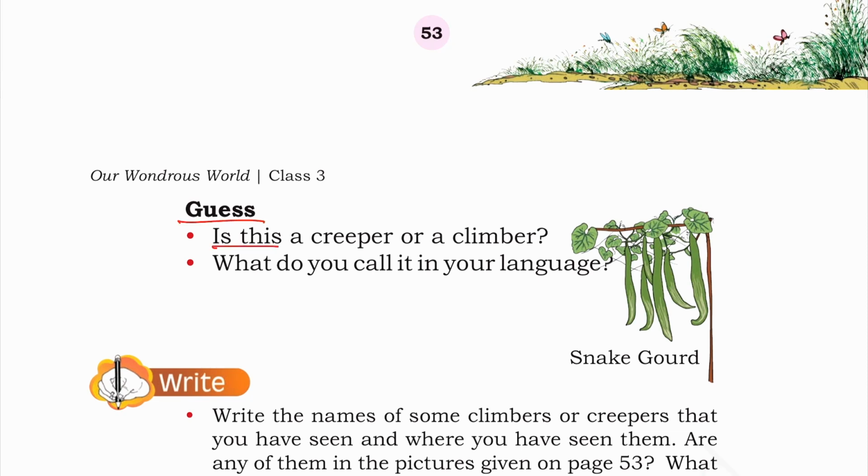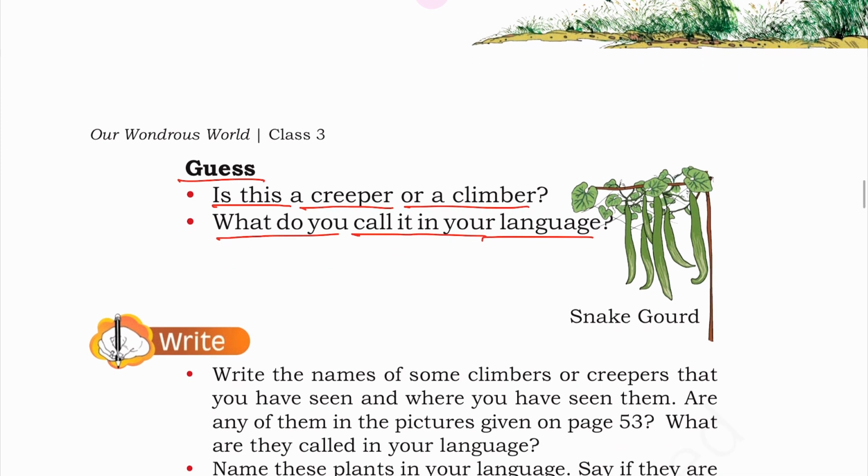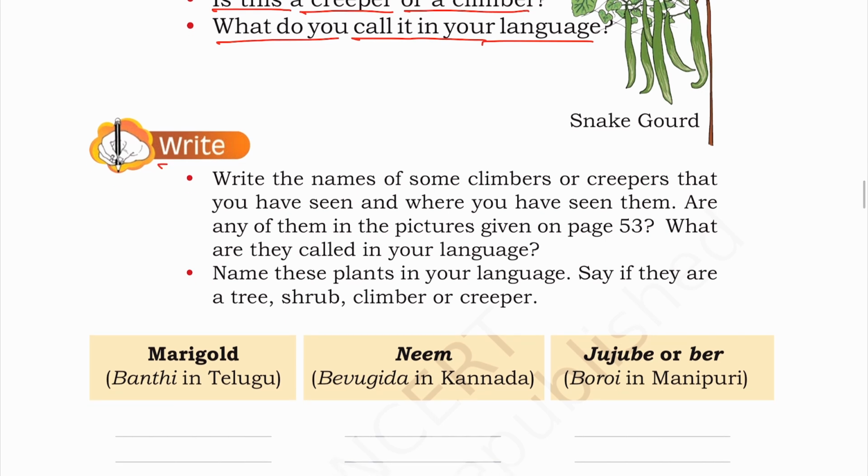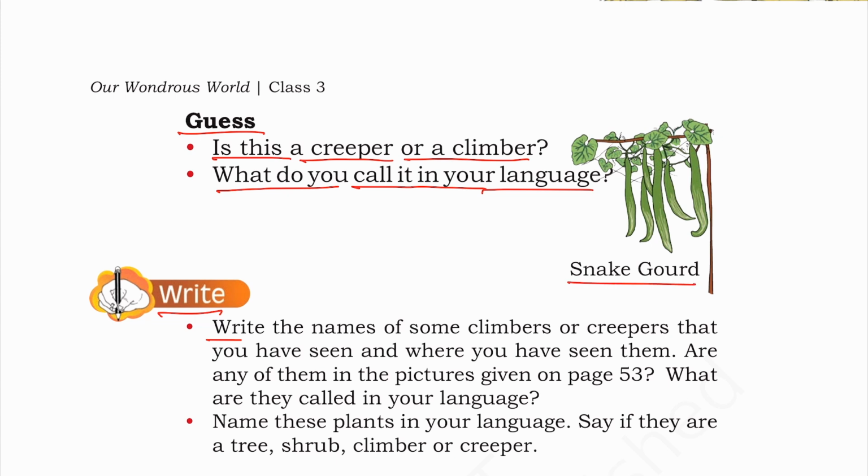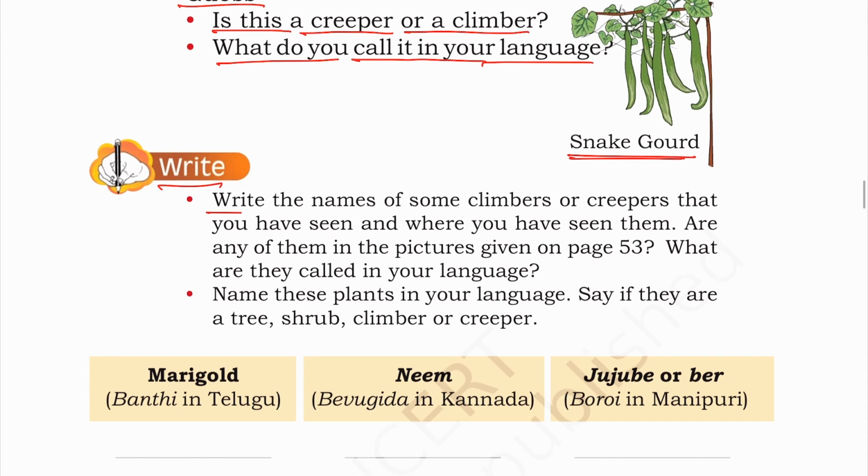Guess, is this a creeper or a climber? What do you call it in your language? This is a picture of snake gourd.